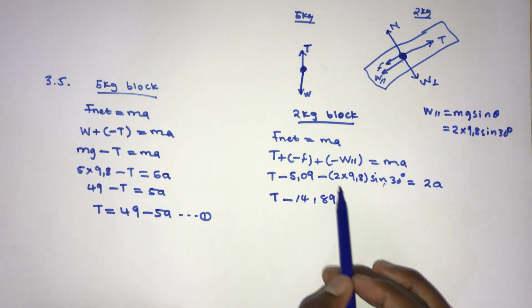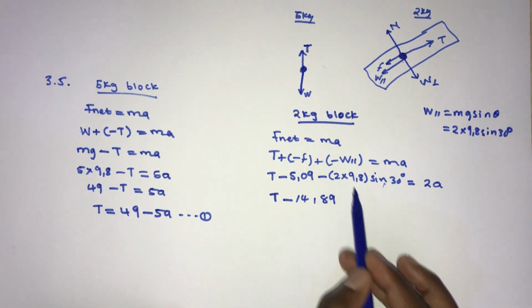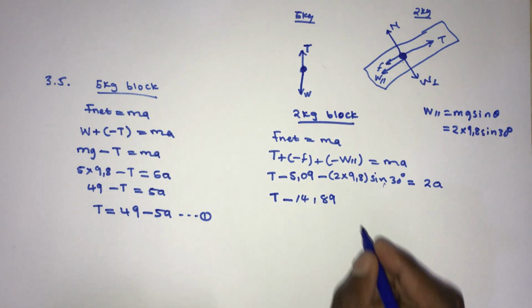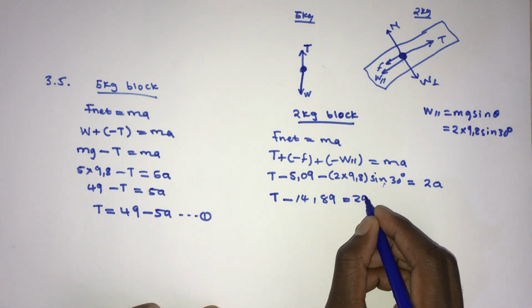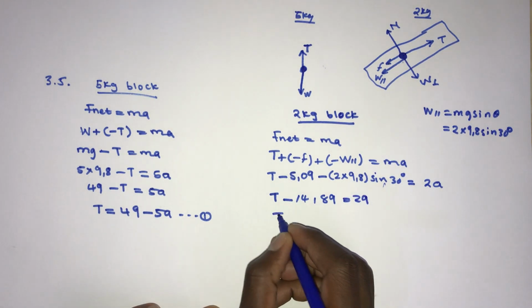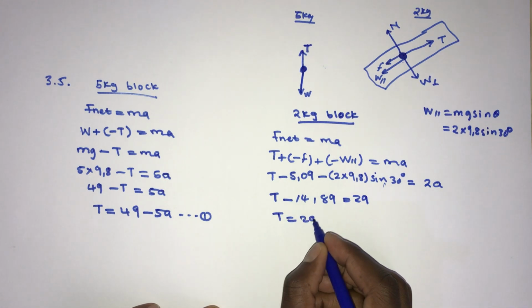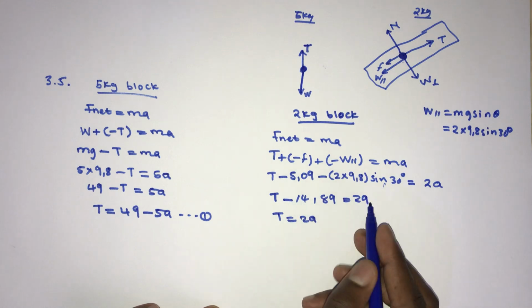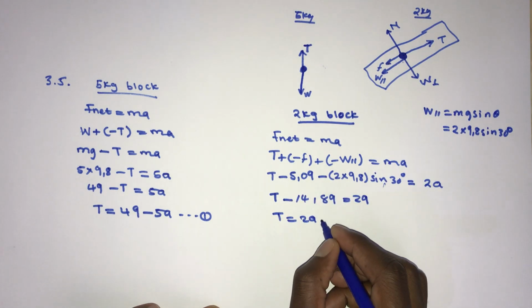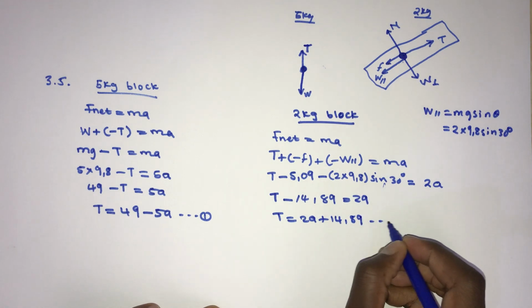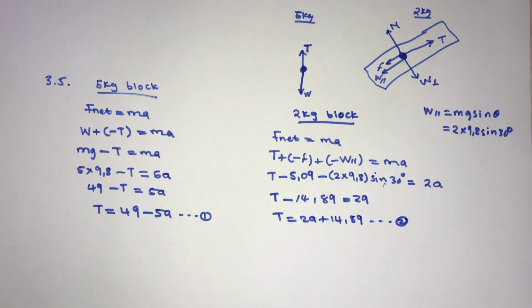So 1 over 2 times 2 is 1. 1 times 9.8 is 9.8. So 9.8 plus 5.09 gives us negative 14.89. Then it's equals to 2a. So let's make T the subject of the formula on this side. So 2a, this one changes the sign, becomes positive 14.89. So let's call this one equation 2.